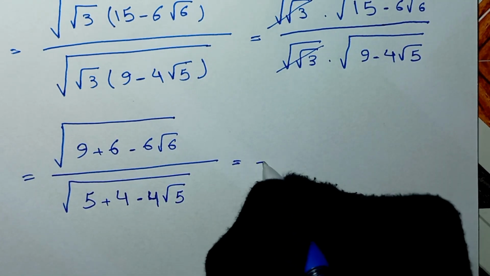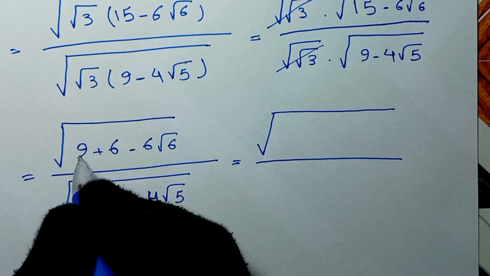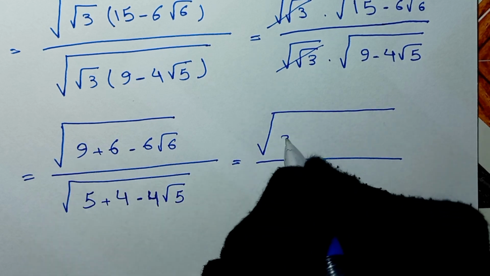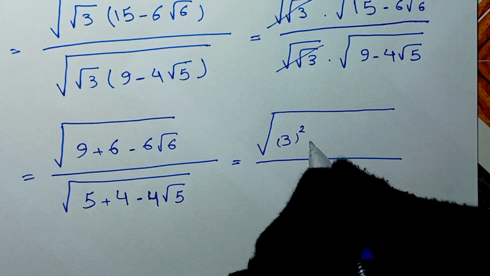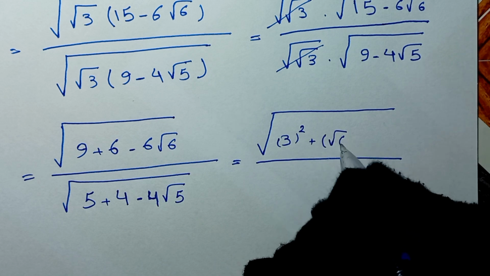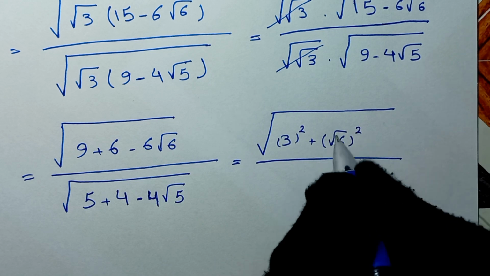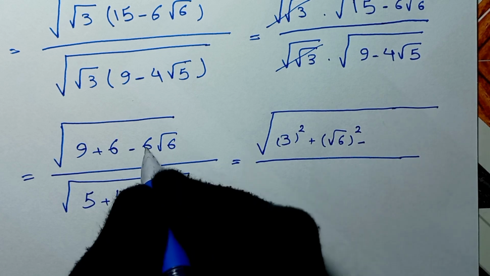And this is equal to, in here we can write this 9 as 3 to power of 2, and plus, we can write this 6 as square root of 6 to power of 2, right? And minus 6 square root of 6.